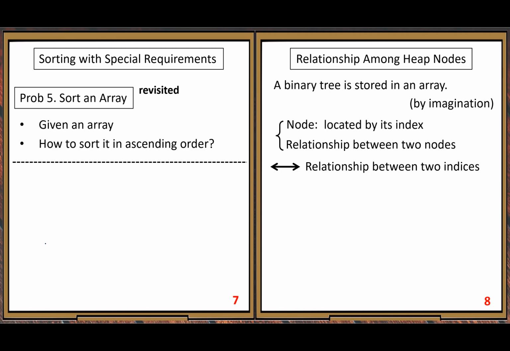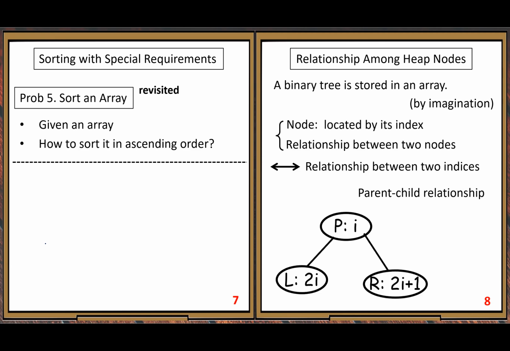We want to try to find a special, simple way to describe the parent-child relationship. Look at this diagram. P represents the parent node, then capital L is the left child, and capital R is the right child, three nodes.